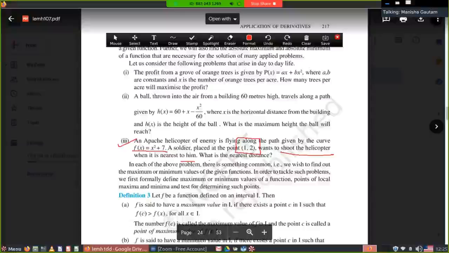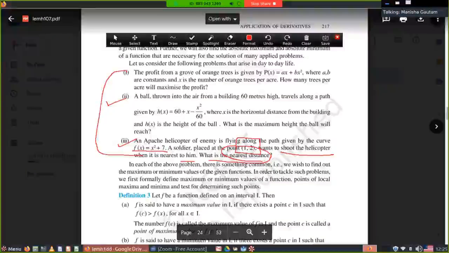What is the nearest distance? You have to minimize the distance to get the target. It means such problems are solved by using these concepts of mathematics. So these are the applications of the topic in day-to-day life.